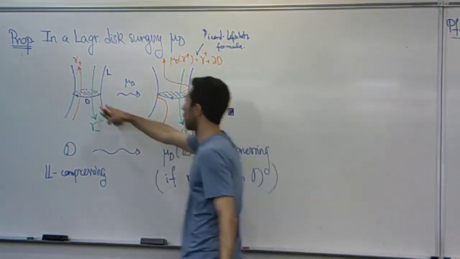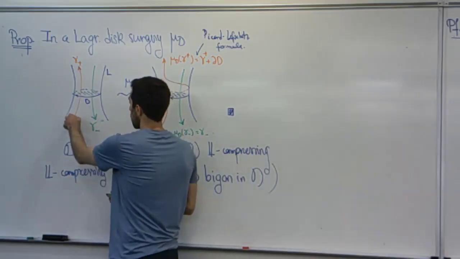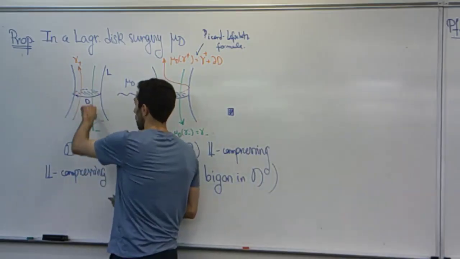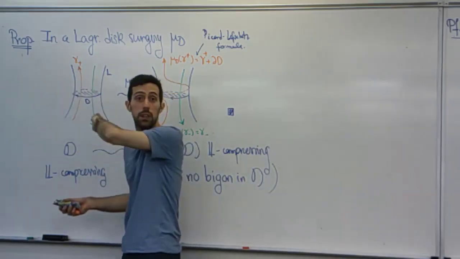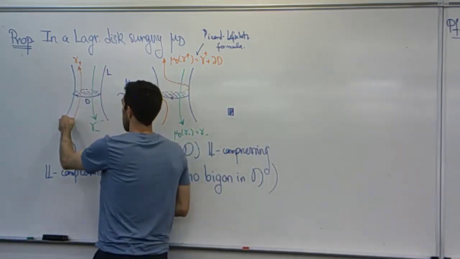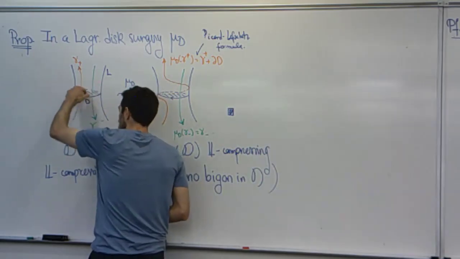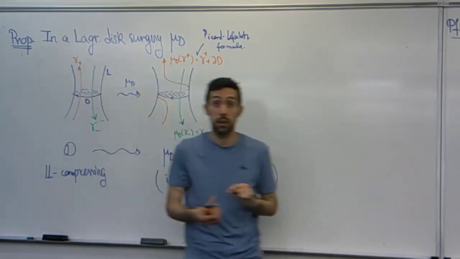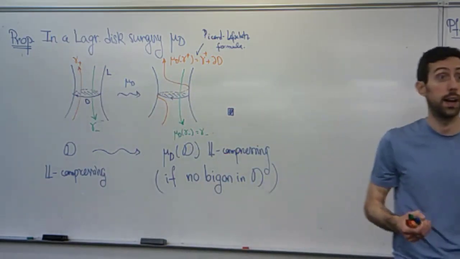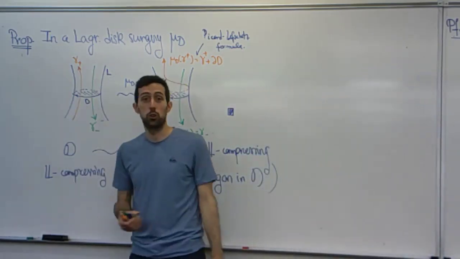So if here you had 2 curves that share a bigon, so if this orange guy had created a bigon with the boundary of D, then once I Dehn twist it, what's going to happen to the orange? Well, imagine there was a bigon like that. Then the orange is going to go like this, intersect itself and go up. That's going to create an inverse bigon. You don't want that. So if you had no bigons on this D, then you're good to go.